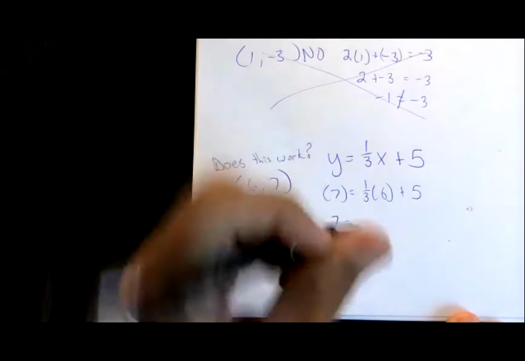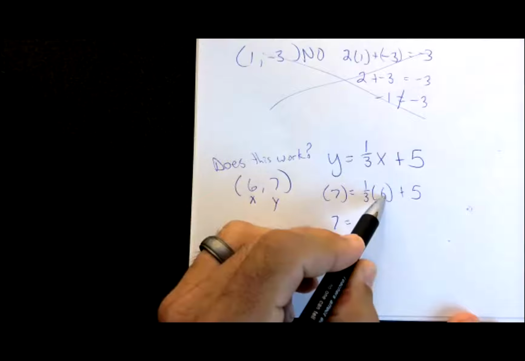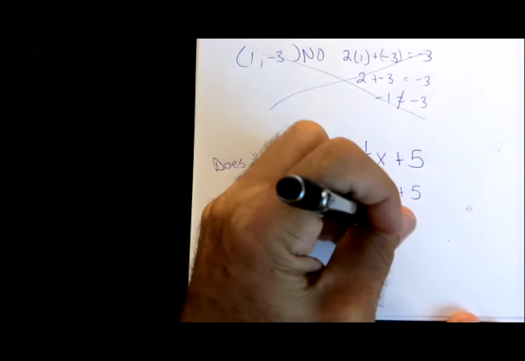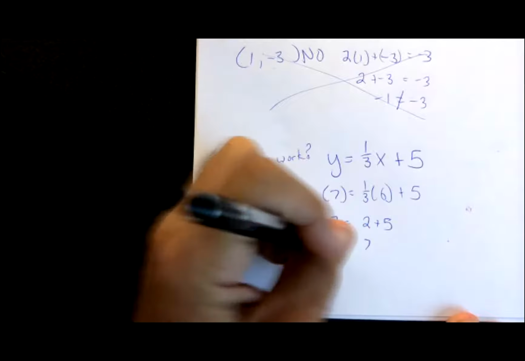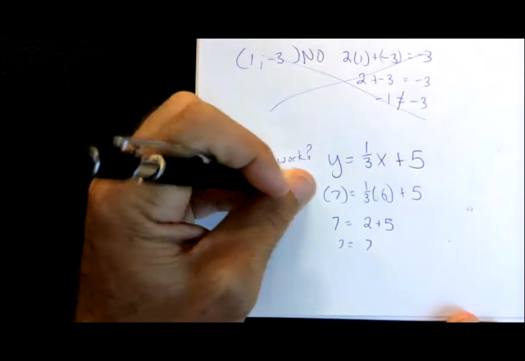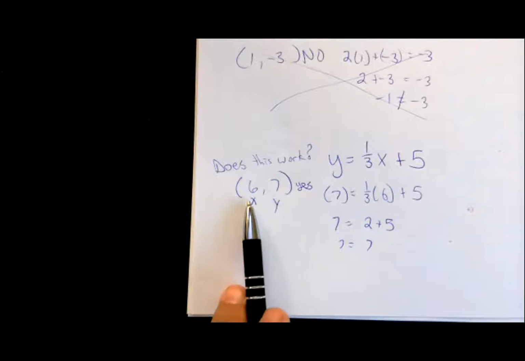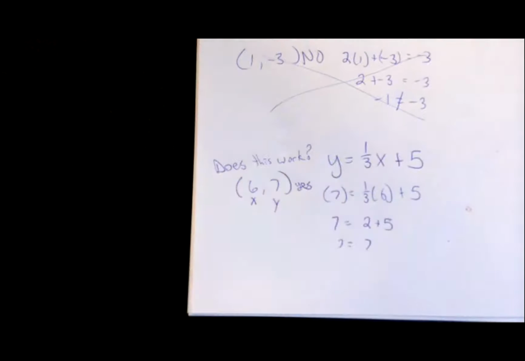So 7 is just 7. 1/3 times 6. 1 times 6 is 6. Divided by 3 is 2. 2 plus 5 is 7. Yeah, 7 equals 7. This is a valid coordinate. So just make sure you're plugging the correct number in for the correct variable.